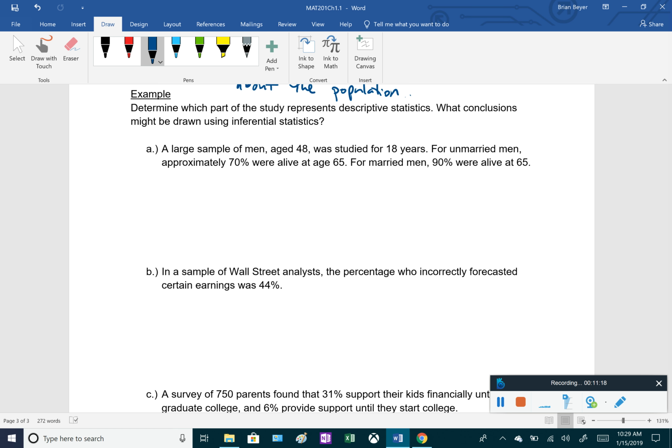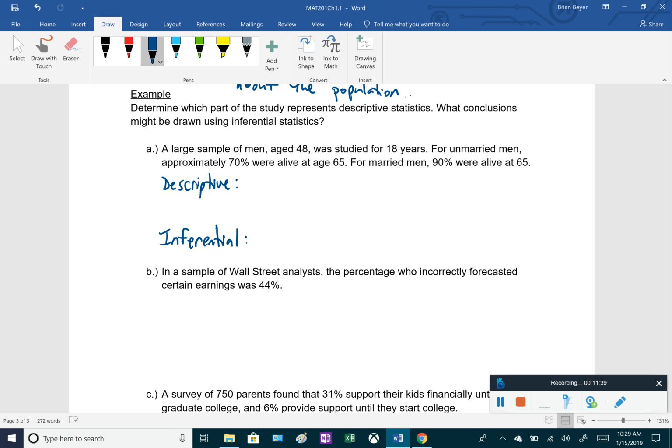So pretty morbid example here. So let's see what the descriptive statistics are, and then we'll also see what inferences can be made. So we'll find descriptive and inferential statistics.